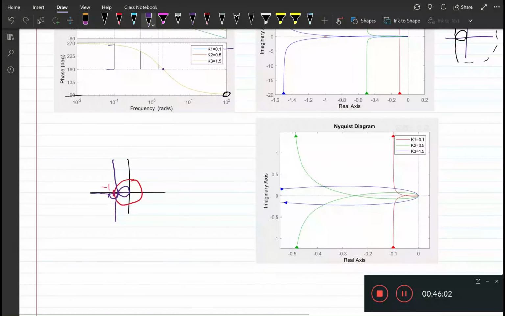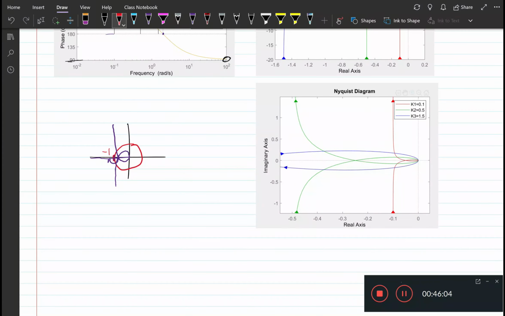So what we see here is that lower values of k lead to higher phase and gain margins, and vice versa. Higher values of k lead to lower phase and gain margins.